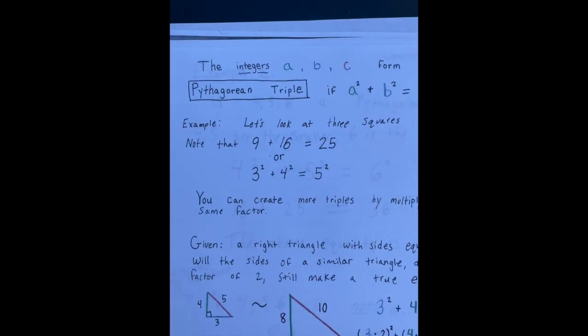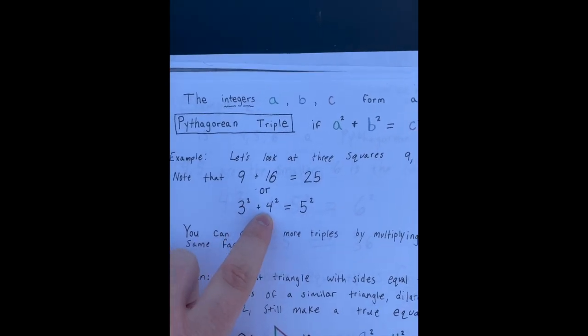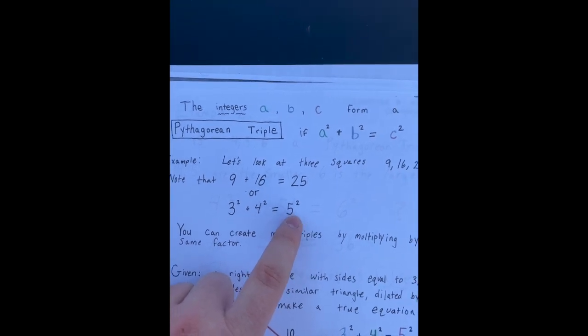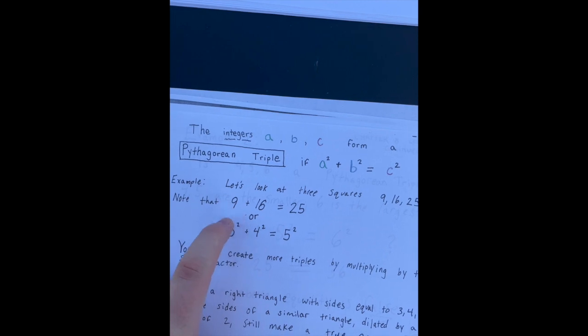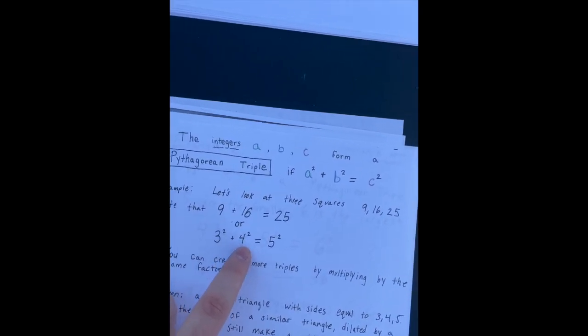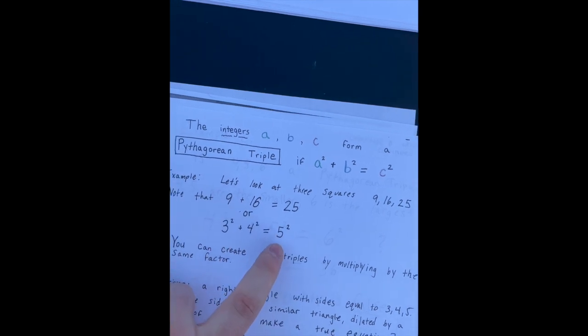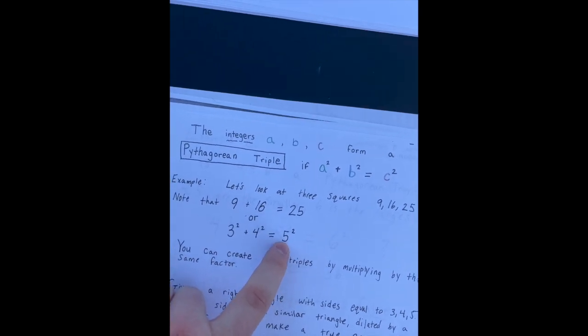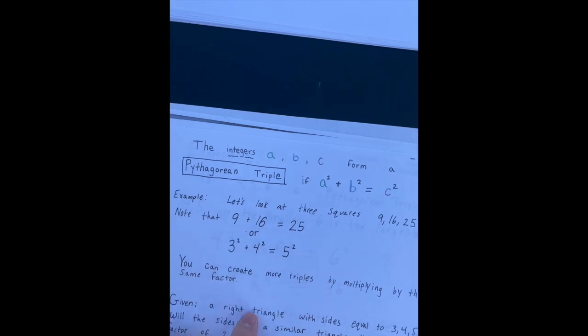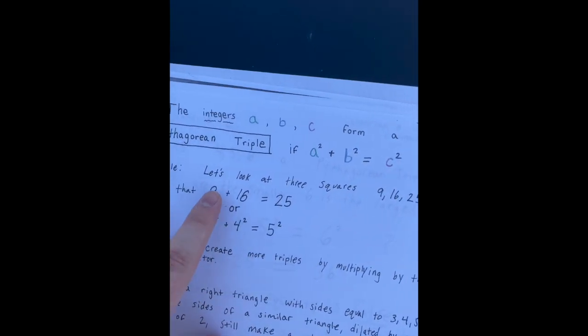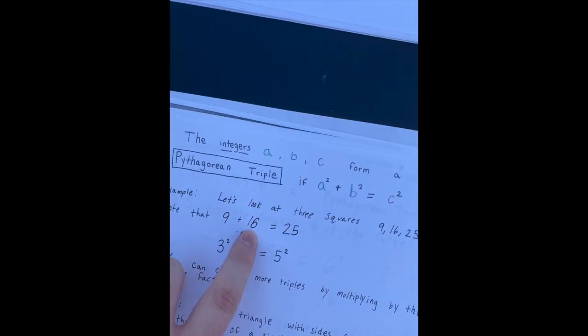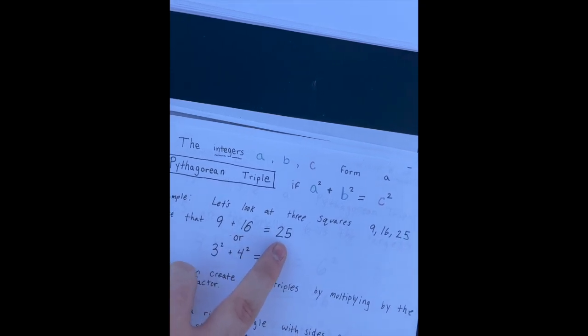If you don't seem to recall, here's a basic layout for it. 3 squared plus 4 squared equals 5 squared. 3 squared is 9, because 3 times 3 is 9. 4 squared, 4 times 4, is 16. And lastly, 5 squared, or 5 times 5, is 25. If we do the math, 9 plus 16 equals 25. So this statement is true.